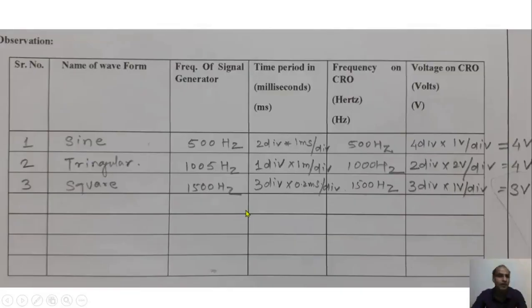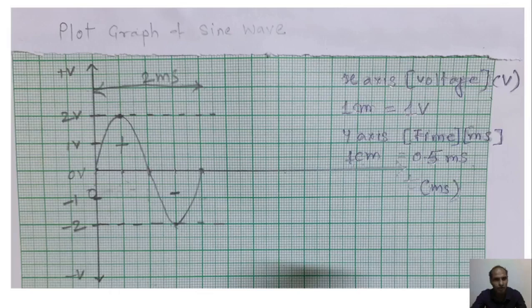Now by applying these waveforms, that is sine, triangular and square waveforms of different frequencies, 500 Hertz, 1000 Hertz, 1500 Hertz, we have calculated the time period and also the peak to peak voltage, right? Taking these readings into consideration, we can plot a graph on graph paper.